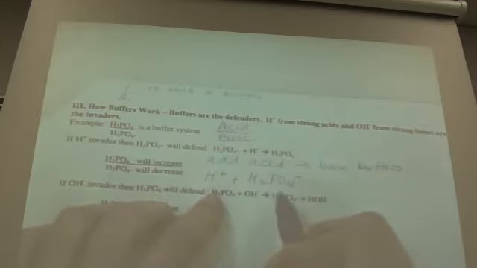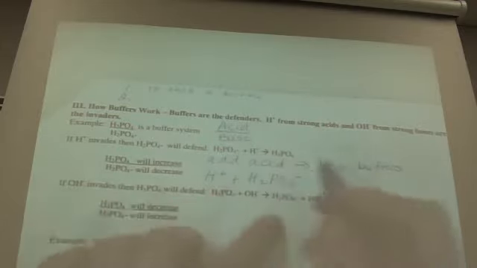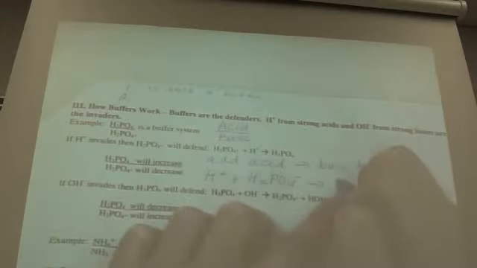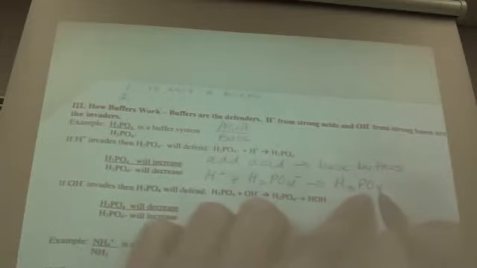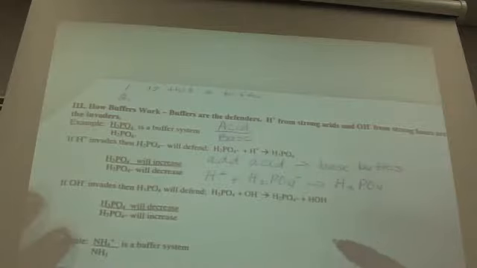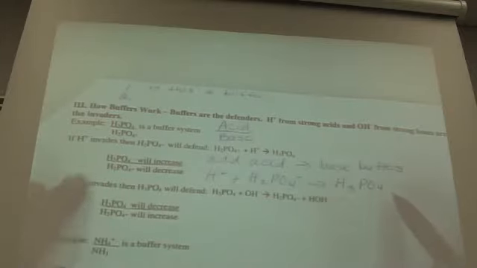So here you go. Here on your reactant side, you got the war happening right in your beaker. And then the products will be the other part of the buffer system. So you will have one portion of your buffer decrease in concentration and one portion of your buffer system increase in concentration.